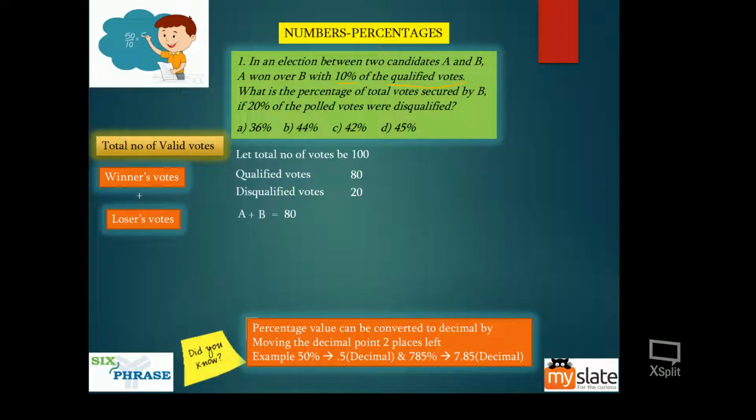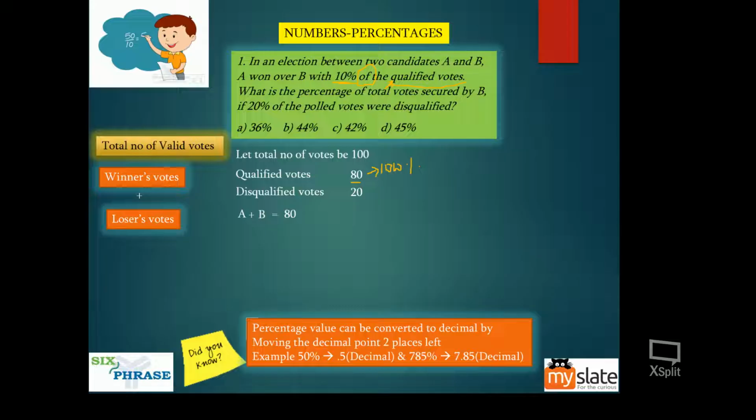Guys, if you remember me talking about "of", whatever comes to the right hand side of "of" is 100 percentage. So the right hand side of "of" is qualified votes, which is 80. So this is 100 percentage. If 80 is 100 percentage, what is 10 percentage of 80?